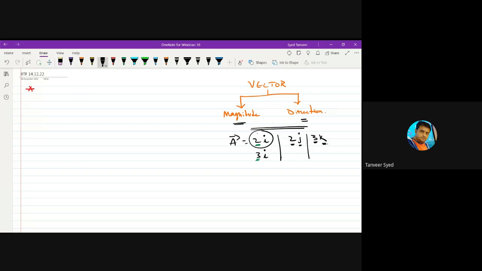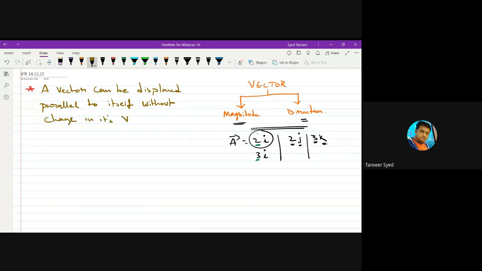Okay, right. Now, one property of vectors is a vector can be displaced parallel to itself without change in its value.